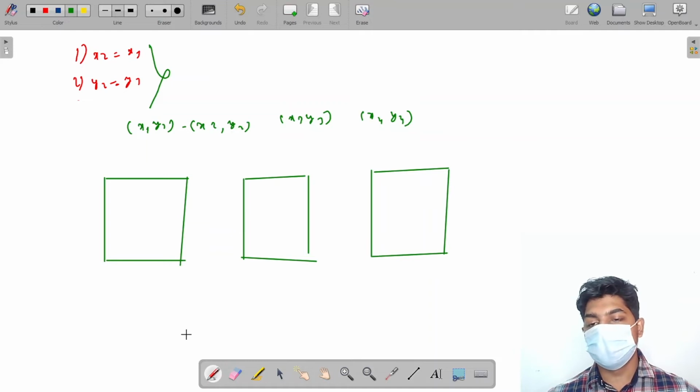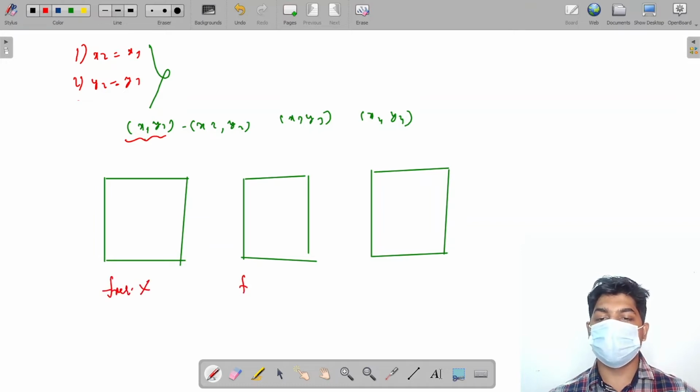Why three? One is the frequency map for x, one is the frequency map for y, and this one is the frequency map for xy, meaning x and y both are present.